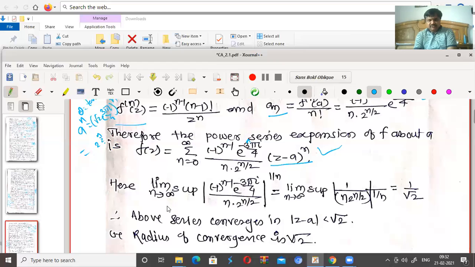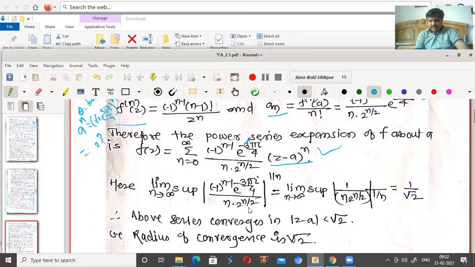Now the limit as n tends to infinity of the supremum of |a_n| to the power 1 by n: you will get the supremum of 1 upon n into 2 to the power n by 2, all to the power 1 by n, because this modulus is always equal to 1. Whatever n is, e to the power i theta always has modulus 1.